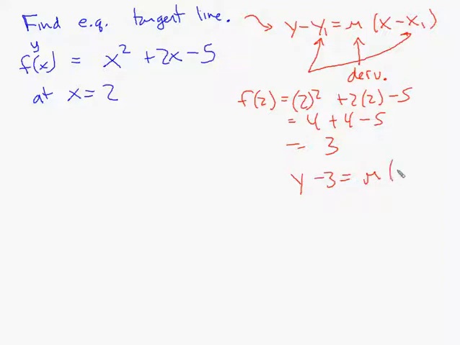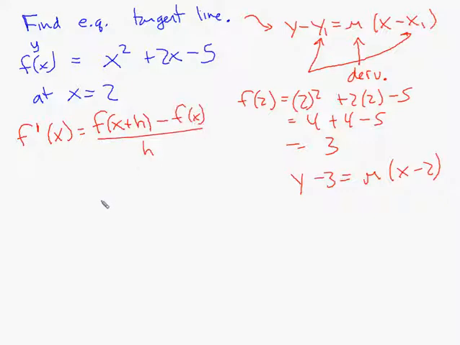I'm going to erase this. It was 3 and 2, right? So I'll put that up here just so we don't lose it. We're going to fill that in. Minus, that minus has to distribute to everything. f of x, which is this x squared plus 2x minus 5, all over h.